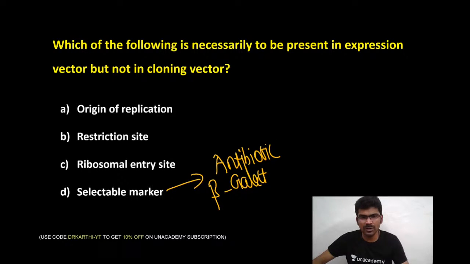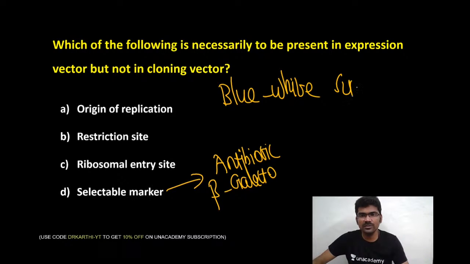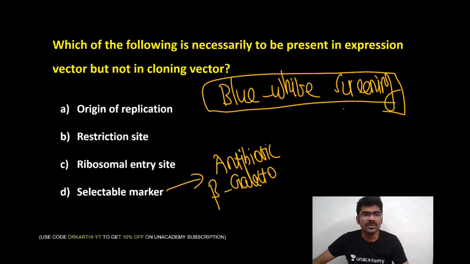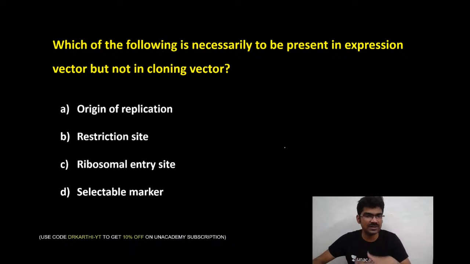So you must be aware of something called blue white screening. We can select the cloned fragments using this blue white screening. This is a discussion for some other day. But just let me tell you that selectable markers are like antibiotic resistance and beta galactosidase and all.